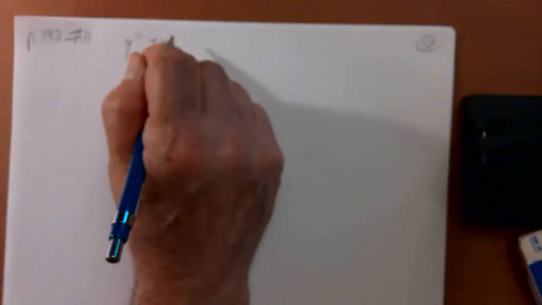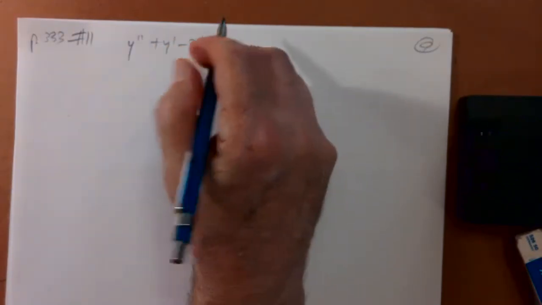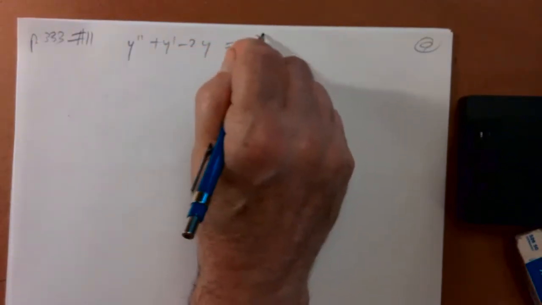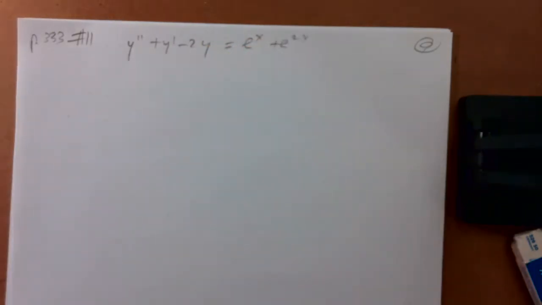So number 11 is y double prime plus y prime minus 2y equals e to the x plus e to the 2x.